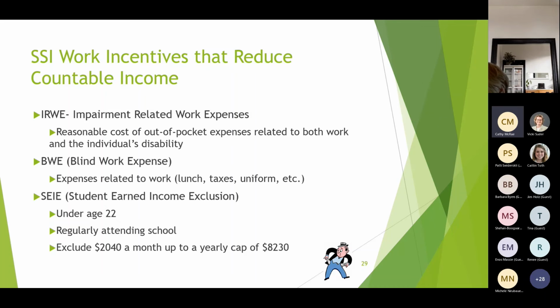So if you're under the age of 22 and regularly attending school, you can exclude up to $2,040 a month in earnings from work, with a yearly cap of $8,230. So that is a great benefit for young people who are working, and a great opportunity to get young people to try work. Okay, next slide.